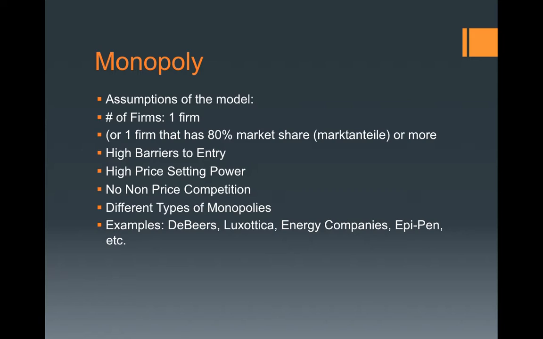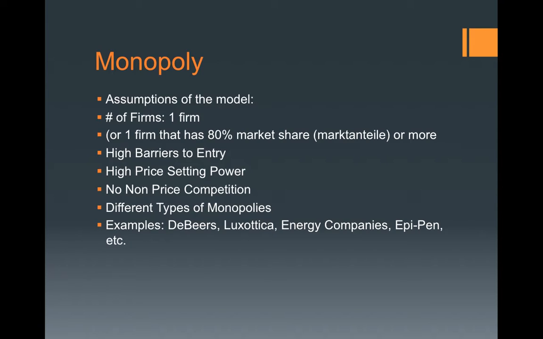A good example of a monopoly would be De Beers, which was in the diamond industry. Also Luxottica, which makes a lot of different eyeglasses frames around the world. Also energy companies, like local energy companies, utility companies, sewage companies in your neighborhood or city.